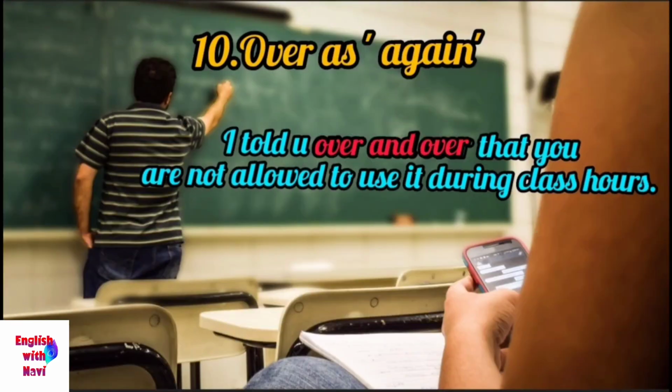Then the last concept that goes with over would be, over can also be used as an adverb. It means again or repeatedly. Take a look at this example sentence. Before that, let's think of an example. Probably you are in a classroom where your teacher is explaining something and you are not aware of what is going on as you are deeply immersed in your mobile phone.